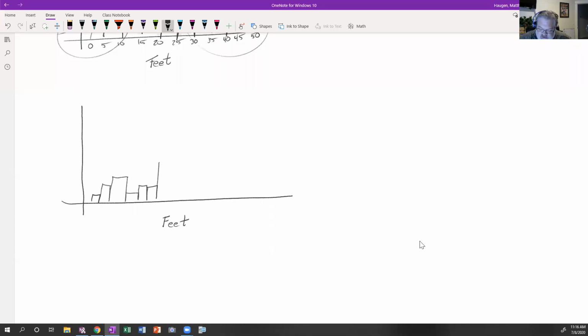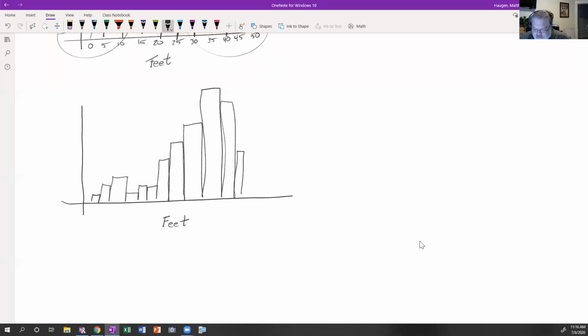But then we start getting a lot of the bigger trees because it's an old forest, so it's got a lot of these big trees in it. And then it tapers off a bit. There are not too many of those giant trees. I'm going to still put this out to 50 and down to 0, and relative frequency, so I don't have to put much of a scale on it. Let's say that's 8%.